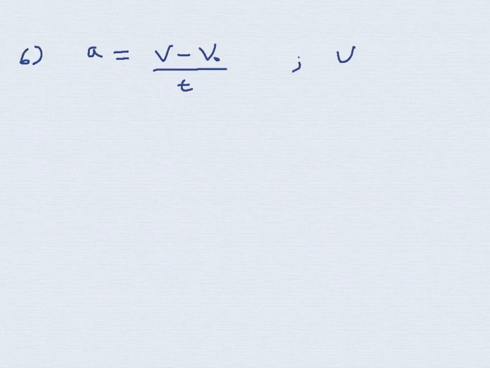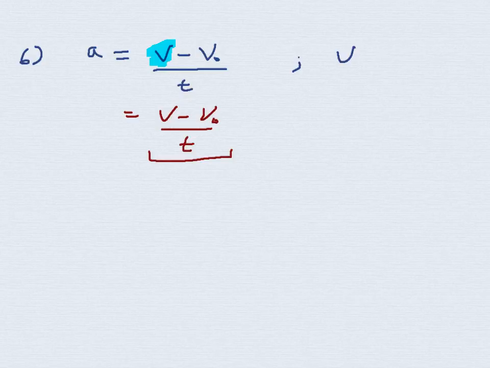Now for number 6, you must be careful which V you're trying to solve for. It says in the question you want the plane V. Well, this plane V right now is trapped in a fraction, and the denominator is t. So we're going to multiply both sides by t. This whole unit is only one term.